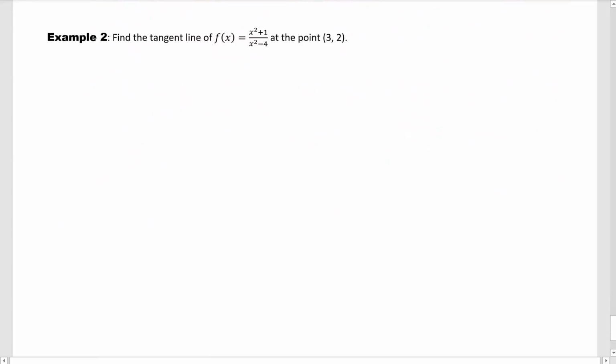So example 2, we want to find the tangent line of this function at the point (3, 2). Okay, so let's see. First step, we want to compute the derivative, right? Well, this is a quotient, so we use the quotient rule. That's the denominator squared.